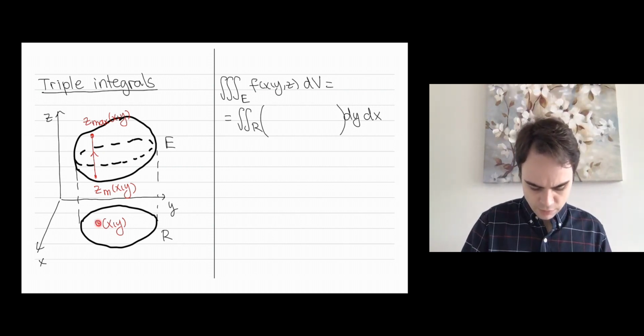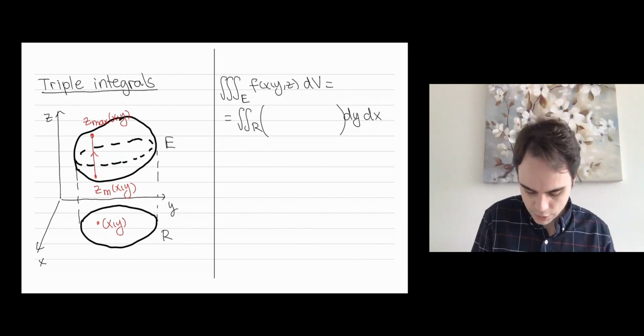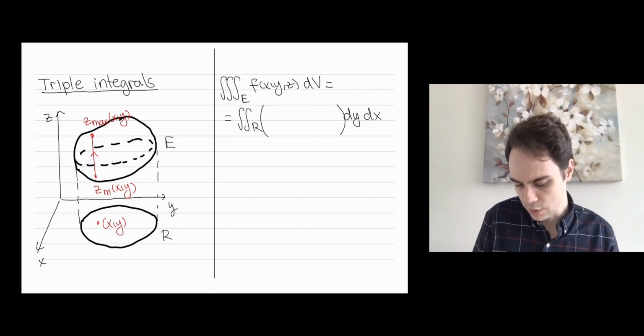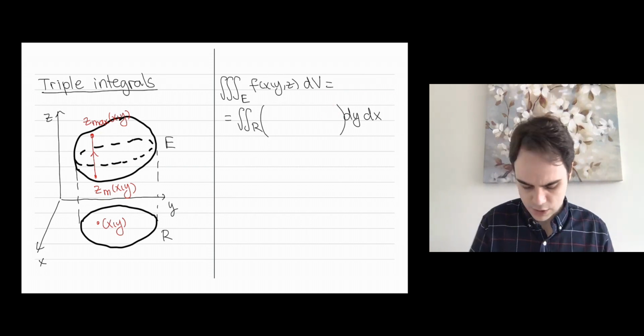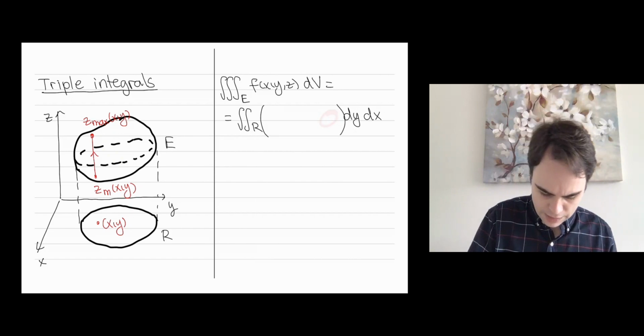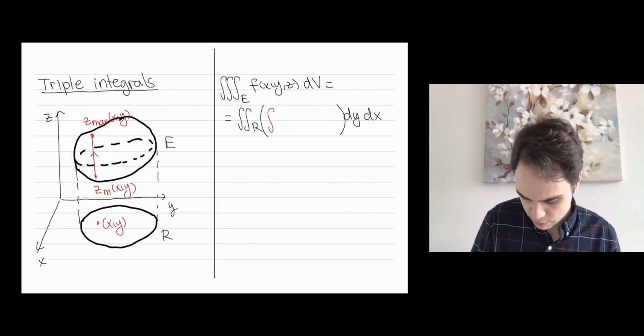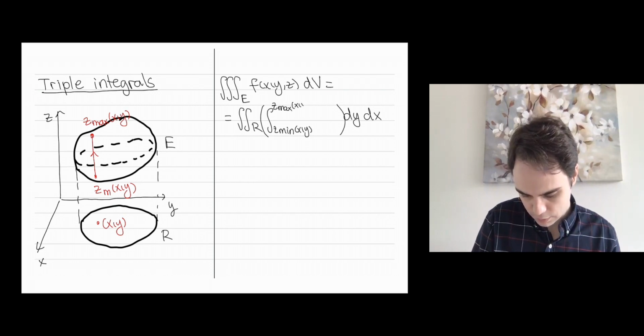This means that it satisfies the vertical line test, so the region can be nicely integrated in the order dz dx dy, with dz first. You get an inside integral from some minimum value that depends on x and y to that max, and then you integrate the function.